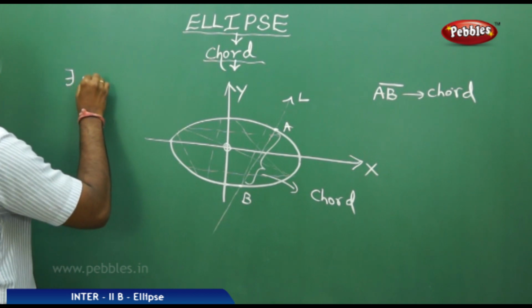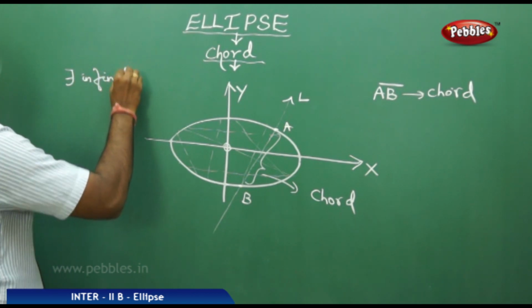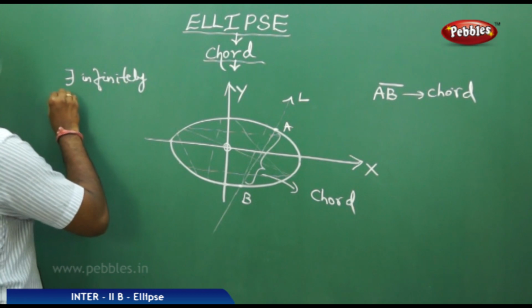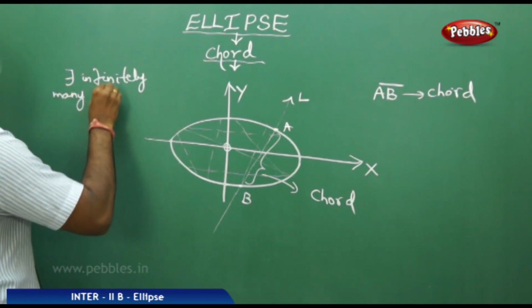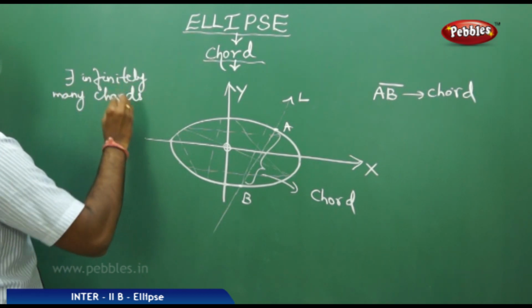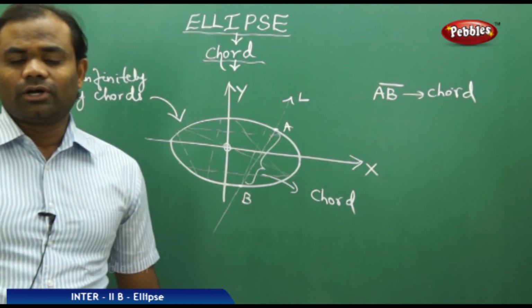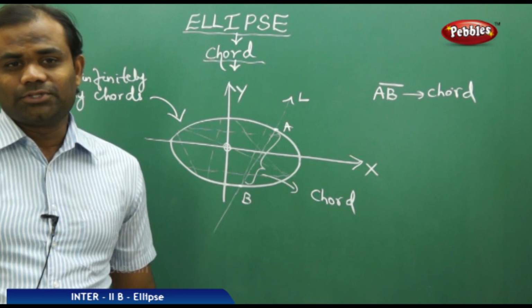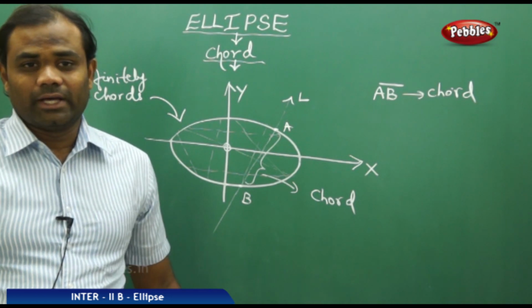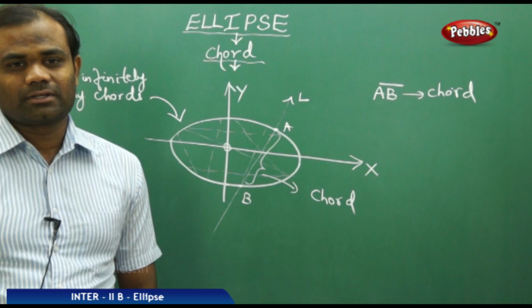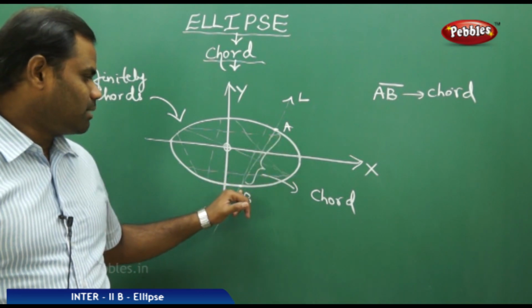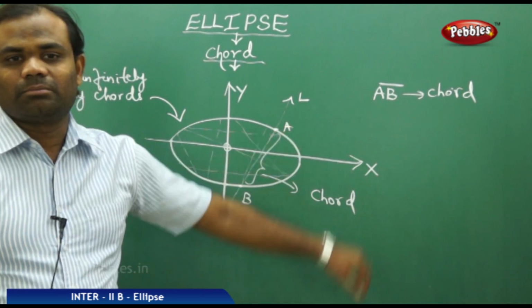There exist infinitely many chords for ellipse. This is how we conclude the chord of the ellipse is the line joining any 2 points on the ellipse. The line segment in the ellipse here being AB is the chord, for example.